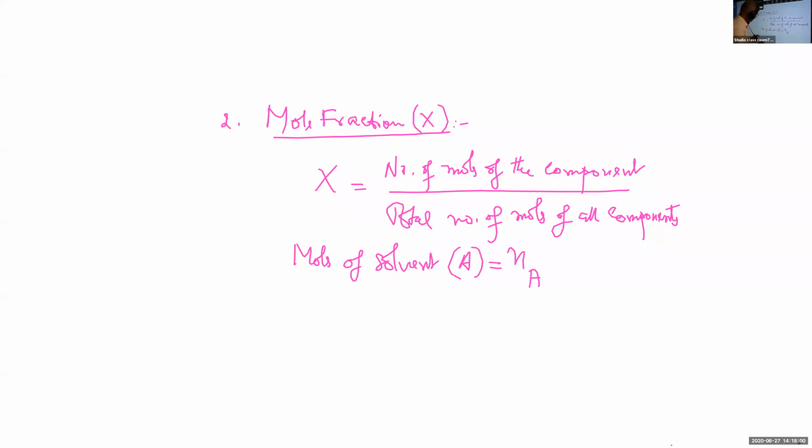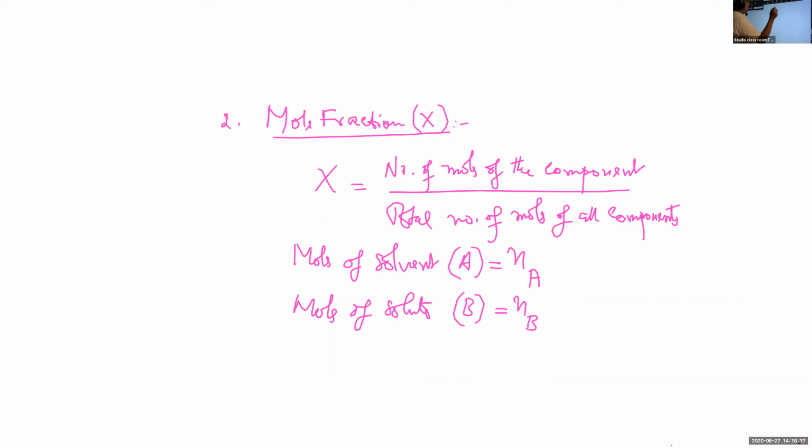Then the number of moles of solute B, let it be Nb. Now, what will be the mole fraction of the solute? To get the mole fraction of the solute, you divide the number of moles of the solute by the total number of moles of both the components.